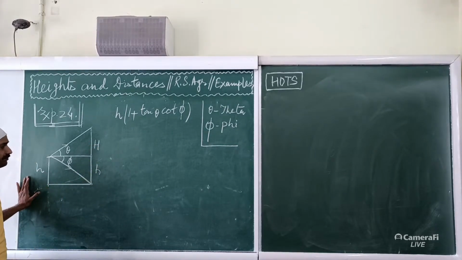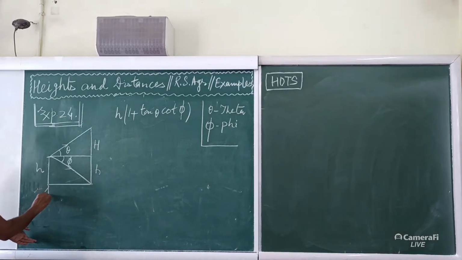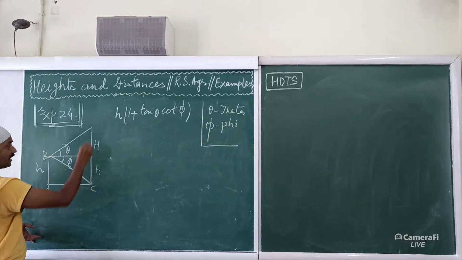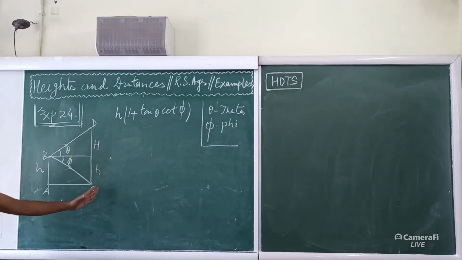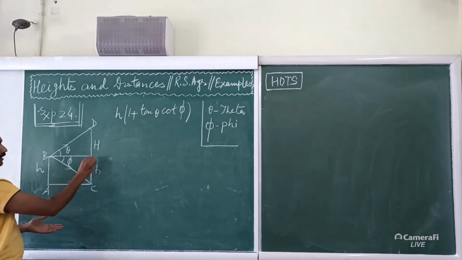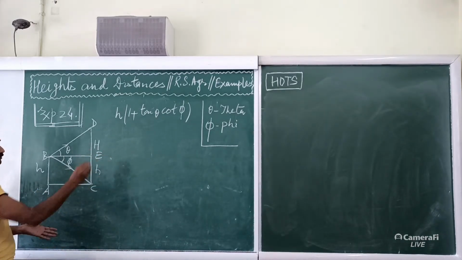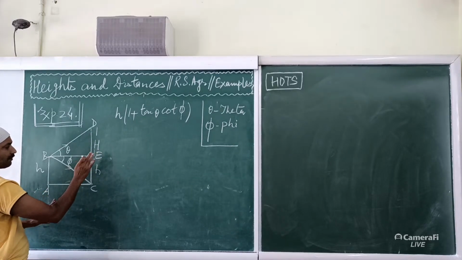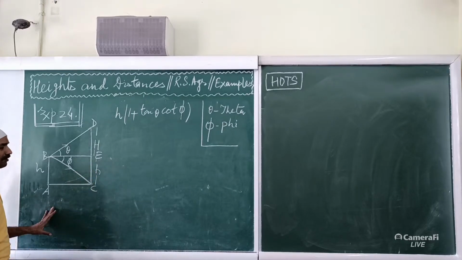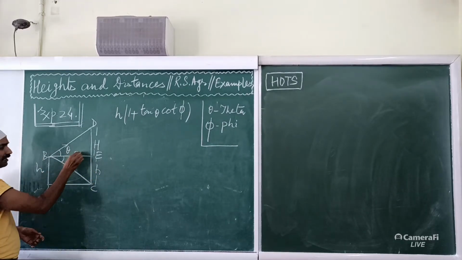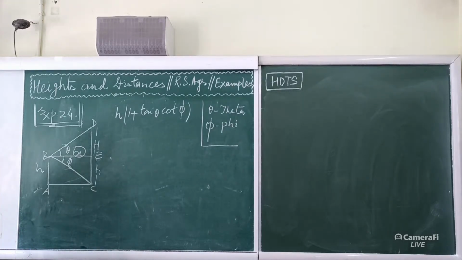Assume and name the points A, B, C, D. This is the window of one house, this is the height of another house, and here is point E. This distance we have assumed capital H, this is given as small h, and B we assume as x. Now see, there are three right triangles, 1, 2 and 3.